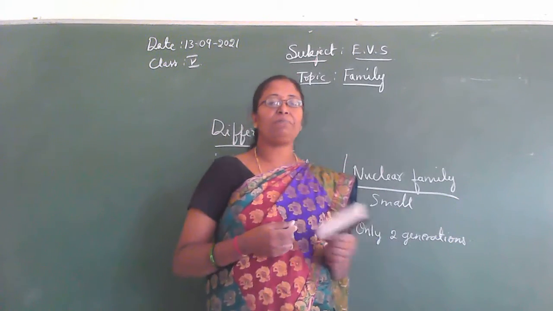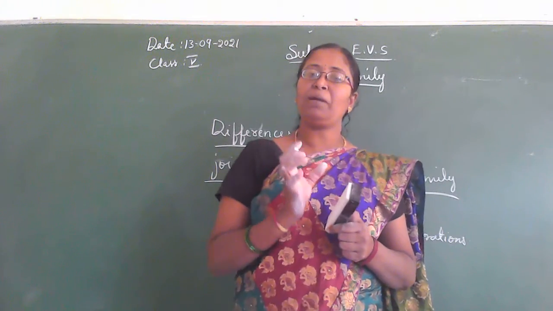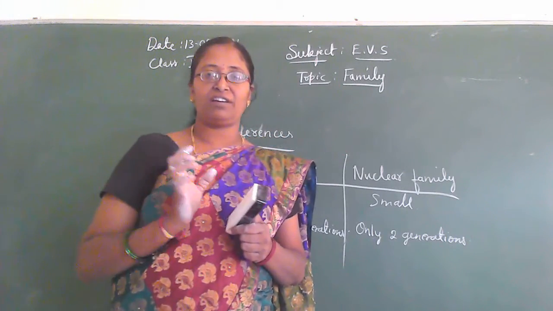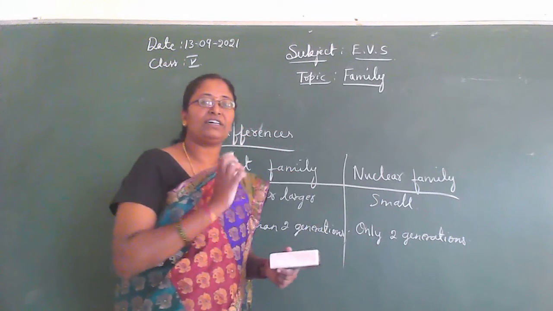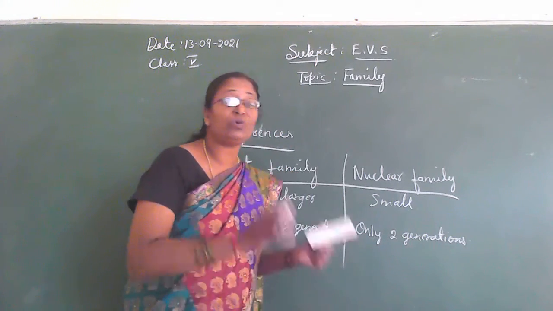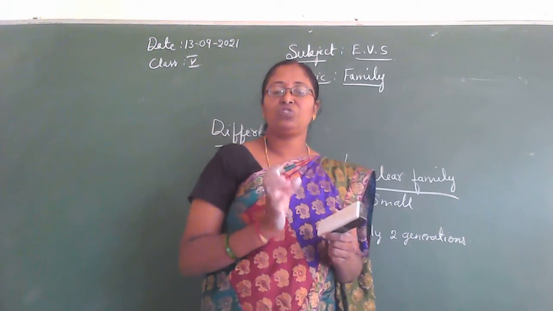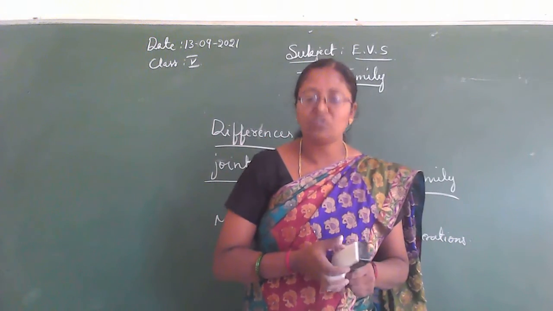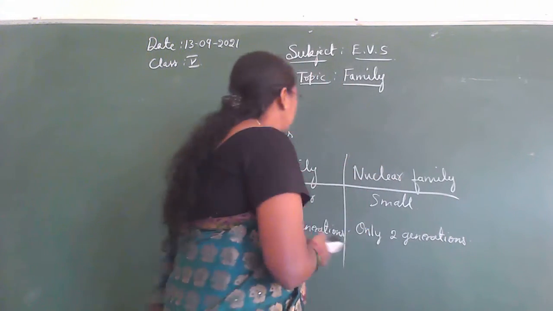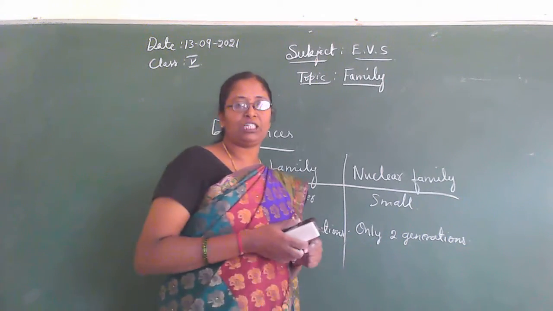So in the nuclear family, it is a small family unit consisting of only parents and their children. So nuclear family is a small family unit consisting only of two generations. That means only parents and their children. So this is all about differences between the two families.